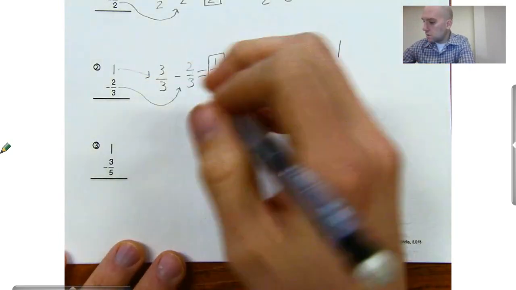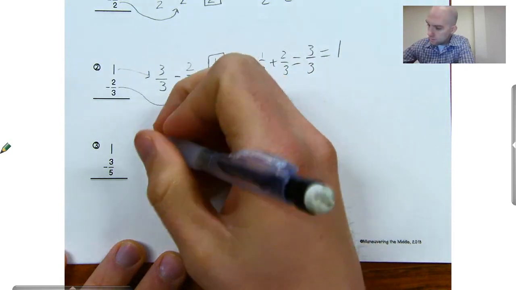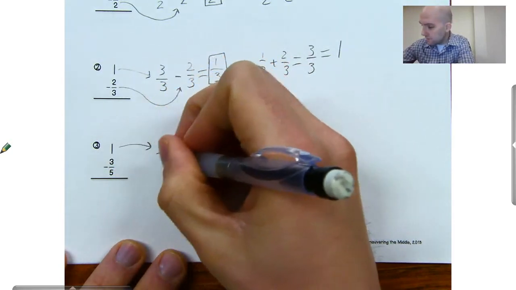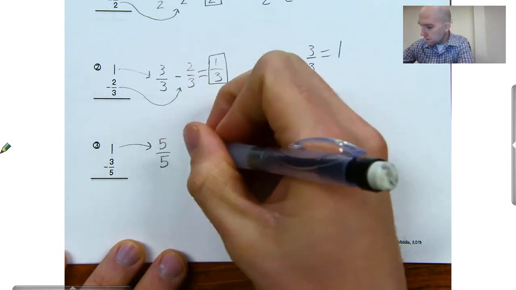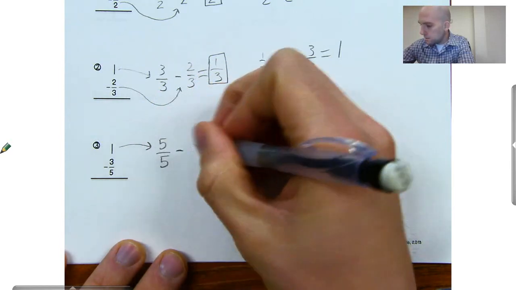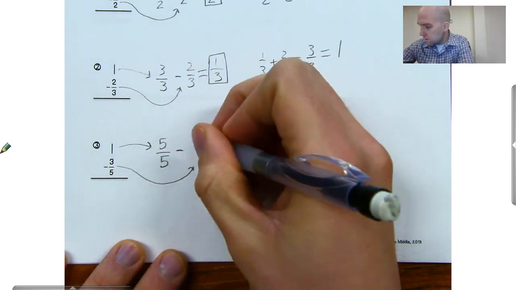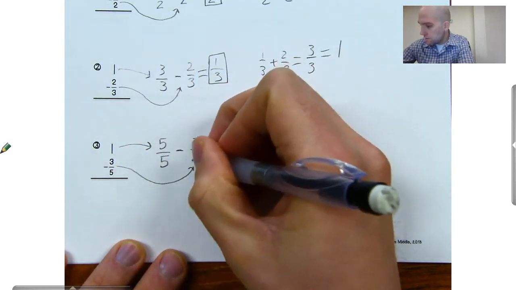Now we want to turn our 1 whole into fifths. Well, 1 whole will become 5/5 minus 3/5.